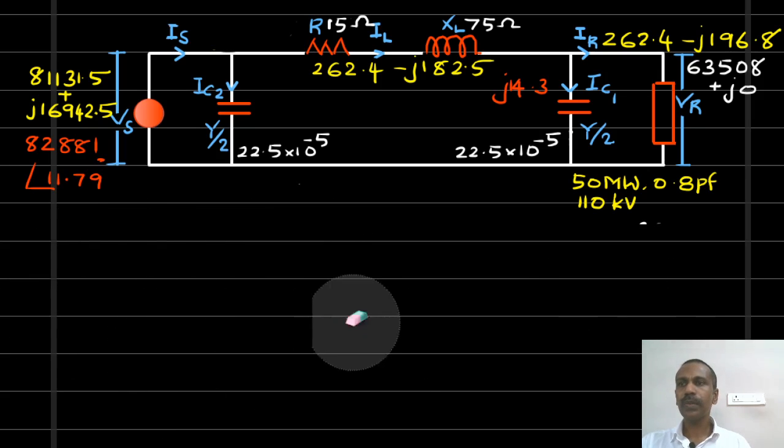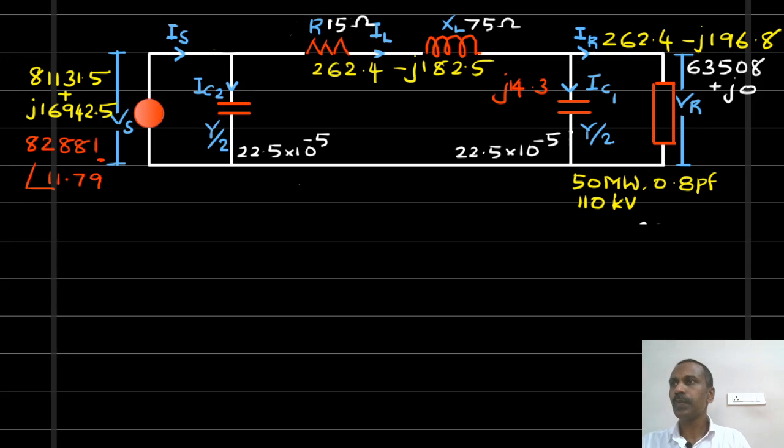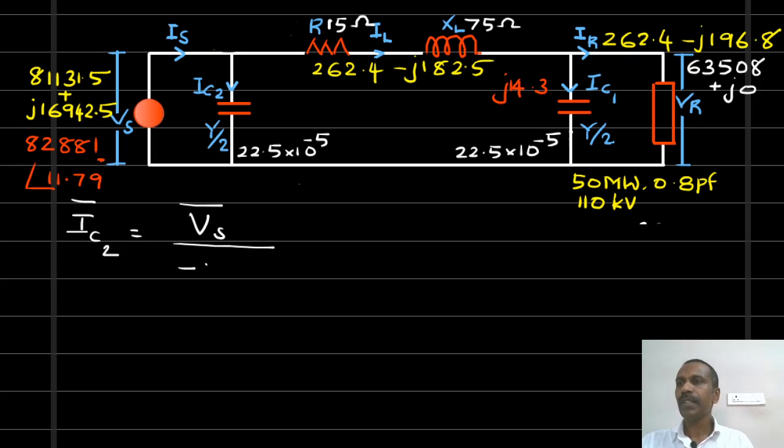Now we can find out the sending end current. For that we should know IC2. IC2 is equal to the voltage across the capacitor by the reactance, where the voltage is Vs divided by the capacitive reactance, which is minus JXC. It is equal to 1 by minus J, which equals plus J, into Vs into 1 by reactance, which equals admittance.